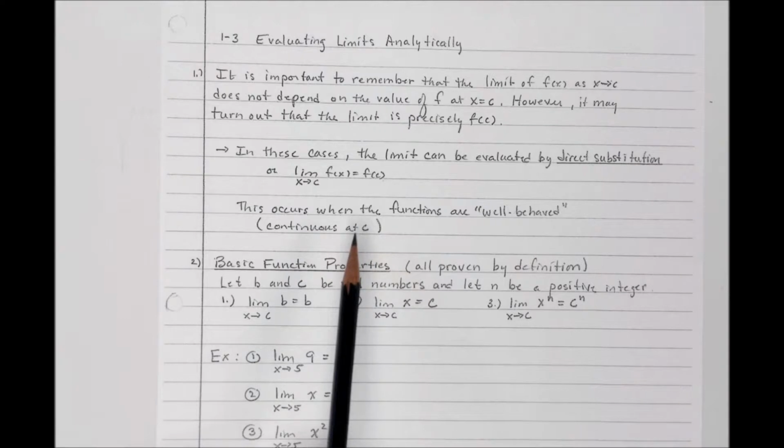Now, the following properties and theorems that I'm going to present to you were all proven by mathematicians who lived many years before us, using the formal epsilon-delta definition, or using properties they had already proved so that they could use them in the next property they were trying to prove, and so on down the line, and theorems the same way.